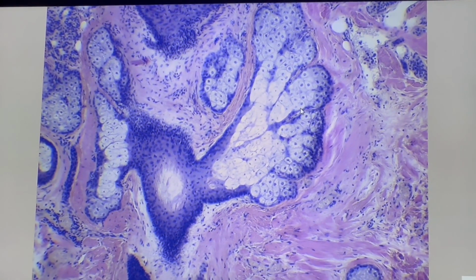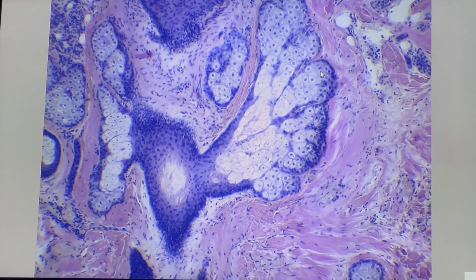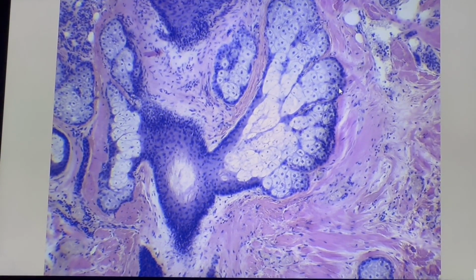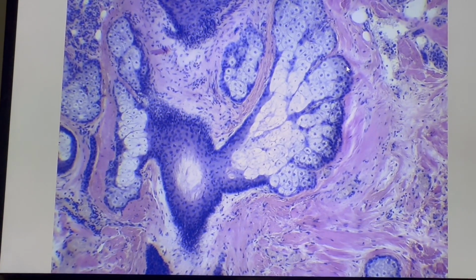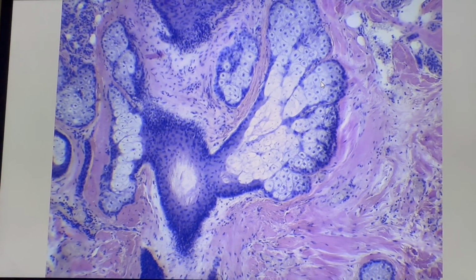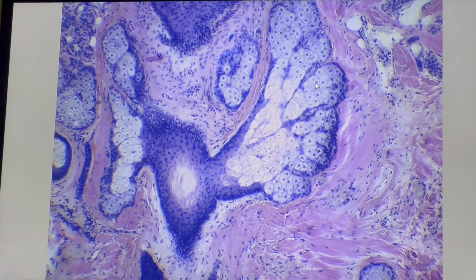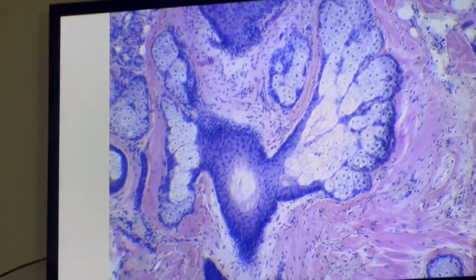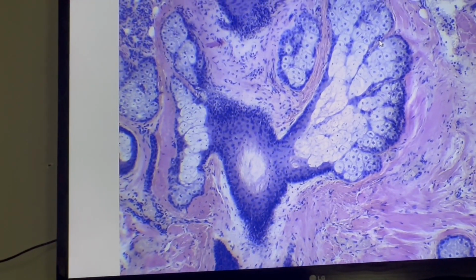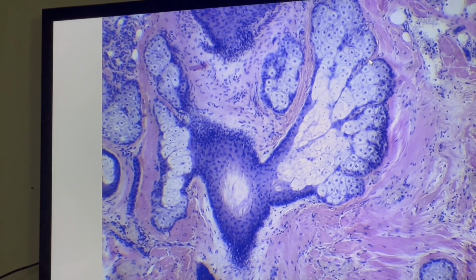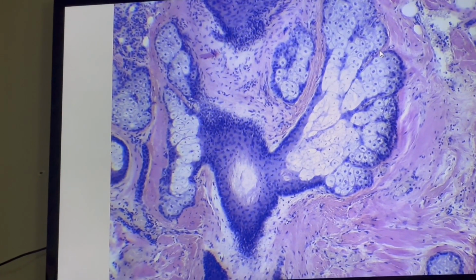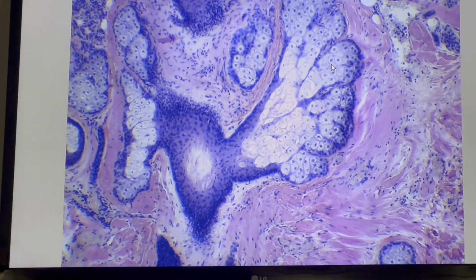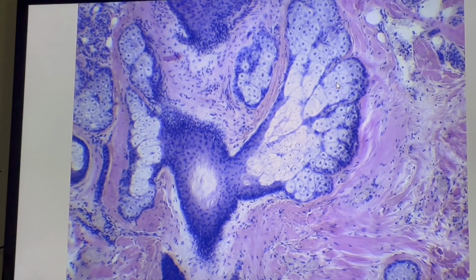Each acinus consists of two types of cells: the basal flattened cells and central rounded cells filled with lipid droplets.